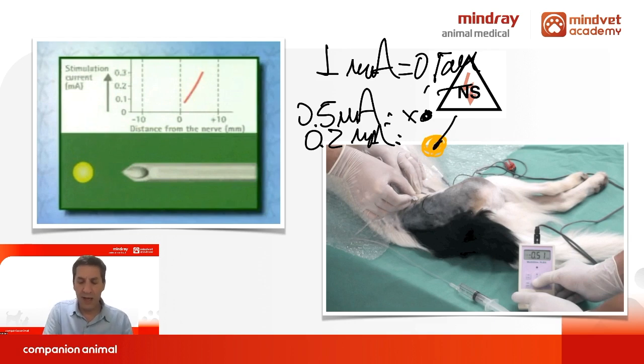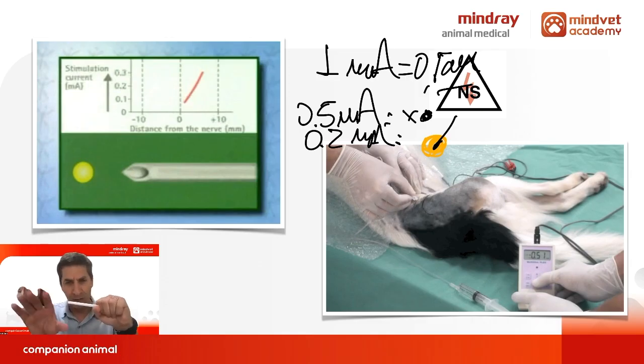So if the answer is absent with 0.5, we need to go closer to the nerve. If we have myoclonus with 0.2, we are inside the nerve, we need to withdraw the needle. Because to pierce the nerve is bad. It's not good at all.